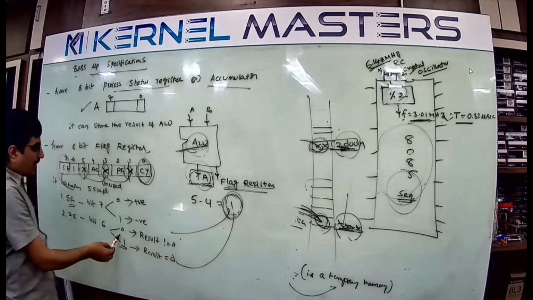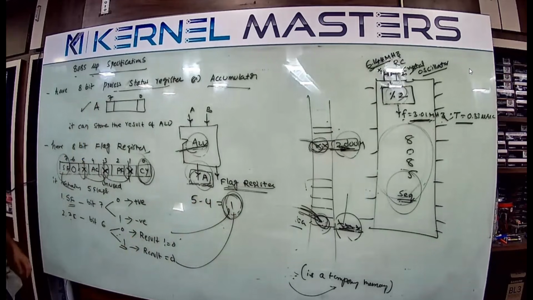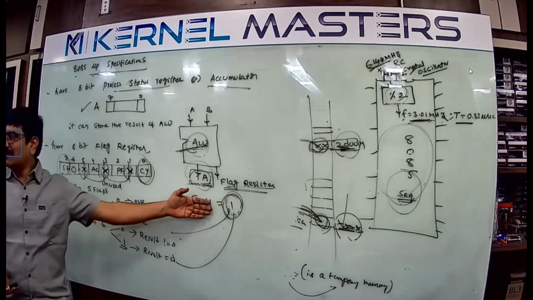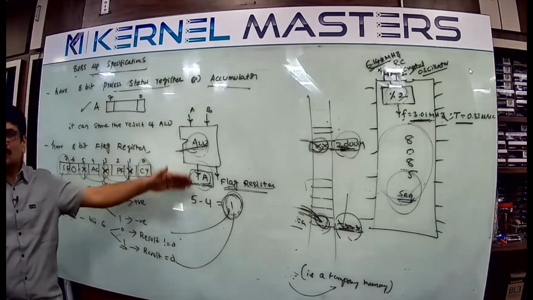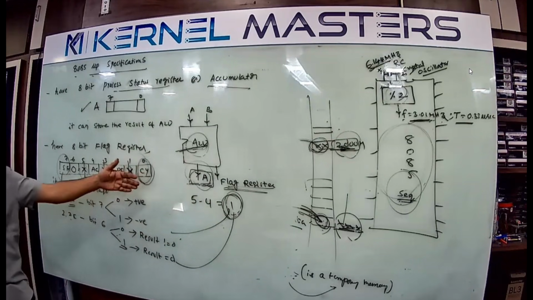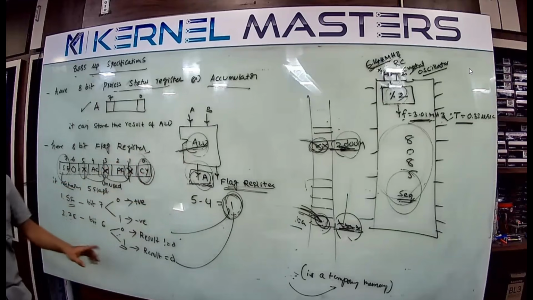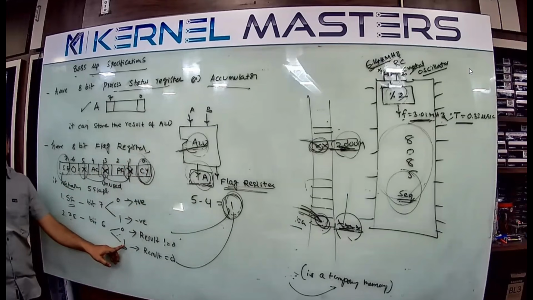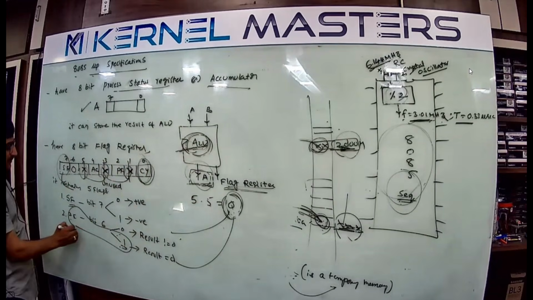Then ZF equals 0. So the zero flag, 0 or 1, decides the result. Every flag is decided by the ALU result after addition or subtraction. If after subtraction the result is 0, the zero flag equals 1. If the result is non-zero, the zero flag equals 0.